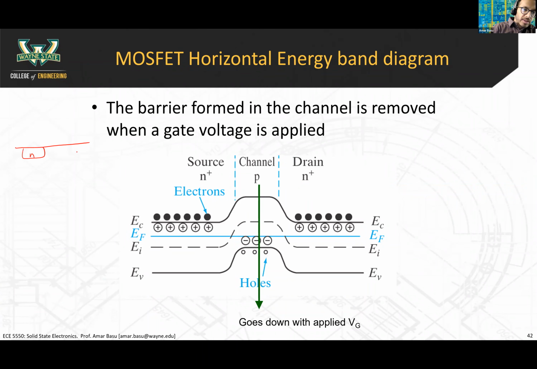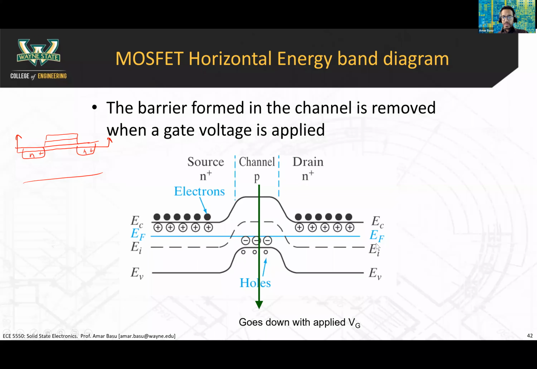In a typical NMOS device, you have your N+ regions here and your substrate here. What we're doing here is looking at the energy band diagram in this cross section, going from the source to the channel to the drain. We know the channel is a p-type material, and the drain and source are both N+ materials.